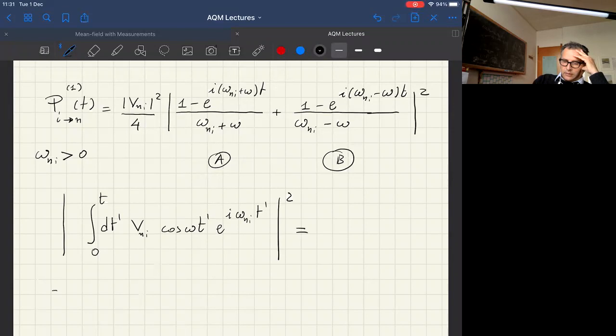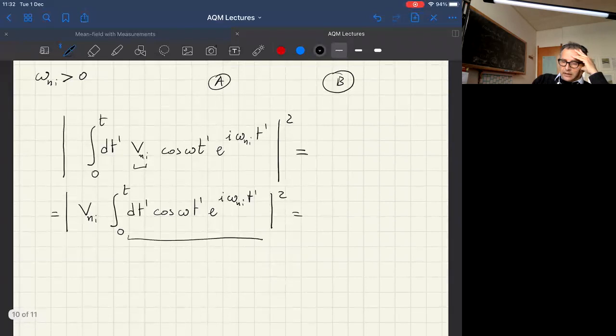So this is equal to, since this does not depend on time, I can just write it here: V n I, the integral between 0 and t of dt prime cosine of omega t prime e to the i omega n I t prime. Right?